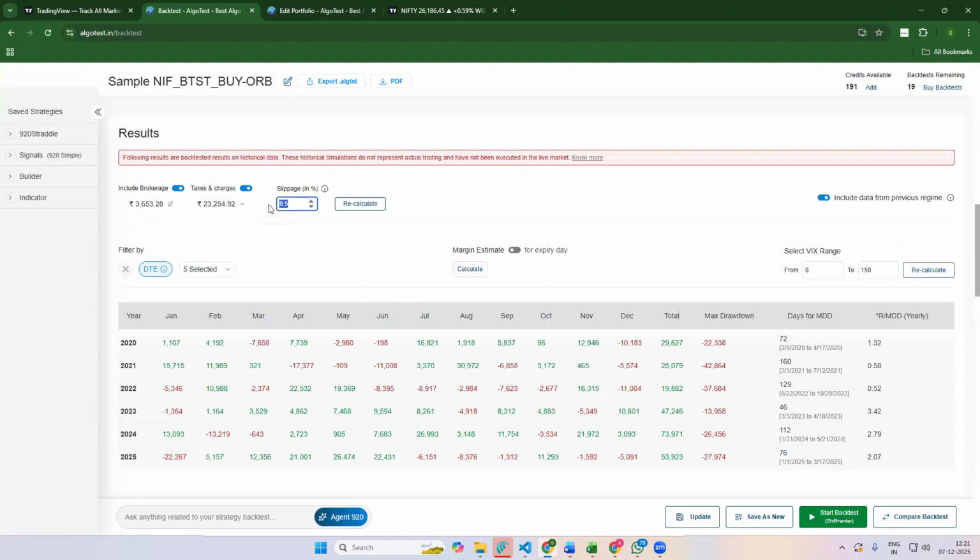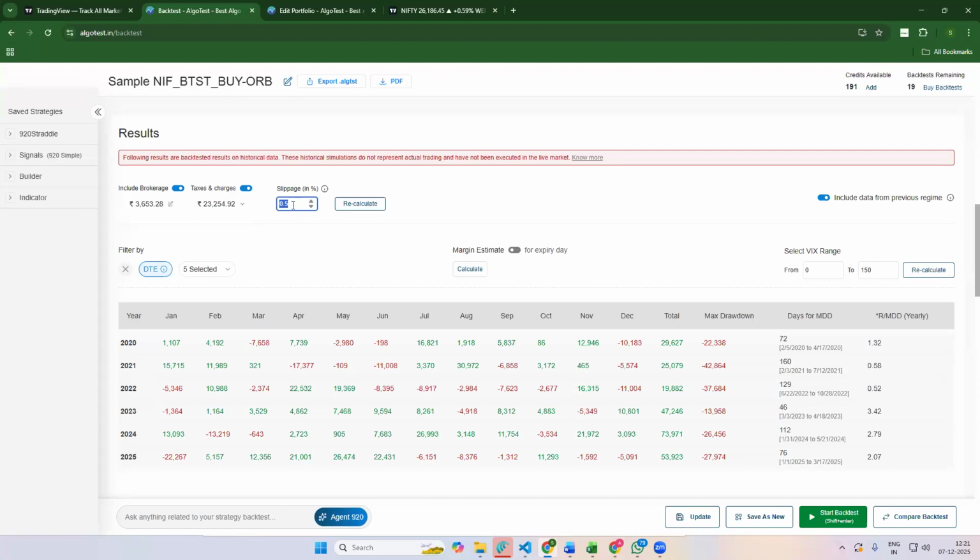I will be getting this entry within a range of 50 paisa to 60 paisa, correct? So based on that, I am saying 0 and 0.5%. 1% of 160 is 1 rupee 60 paisa and 0.5% is 80 paisa. So that's the reason I'm keeping this slippage as 0.5.